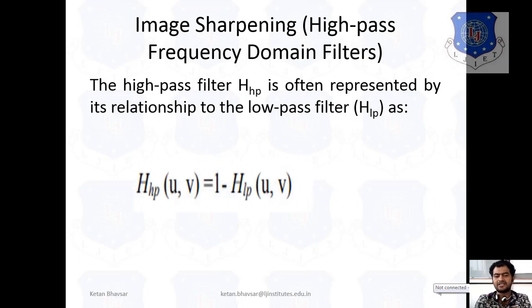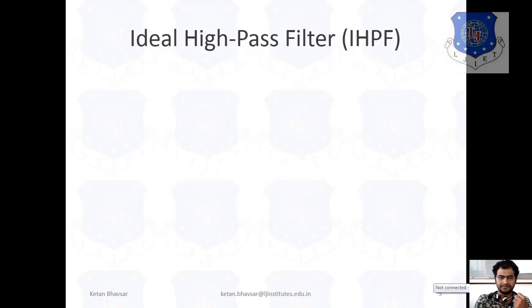So as you can see, H_HP(u,v) is equal to 1 minus H_LP(u,v), where u and v represent the row and column operation, and H_LP represents the low frequency content. So we can easily identify the high pass content from the low pass data.